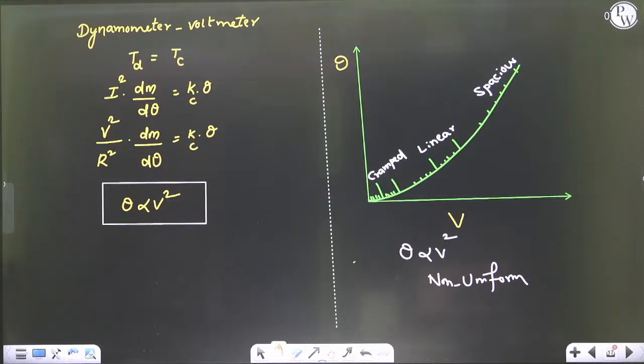I will inquire with the admin team. I will ask my schedule manager what happened to the notes, why the notes are not pasted. I will ask them.